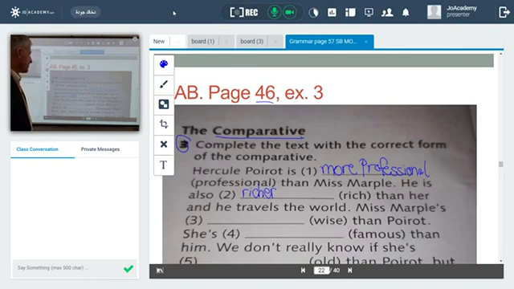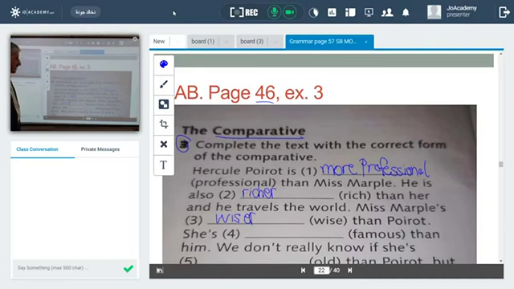Miss Marple's blank wise than Poirot. Miss Marple is wiser. She is wiser than Poirot.